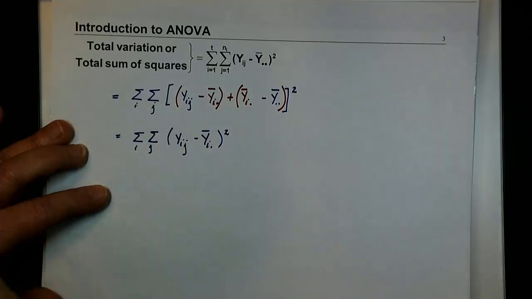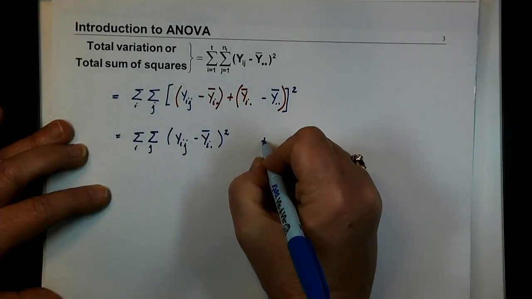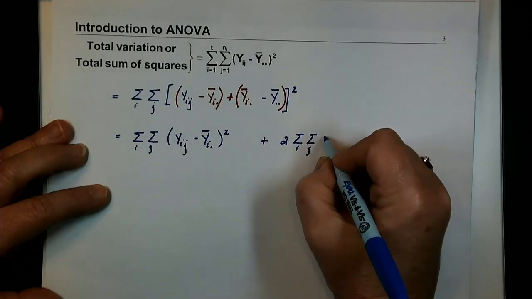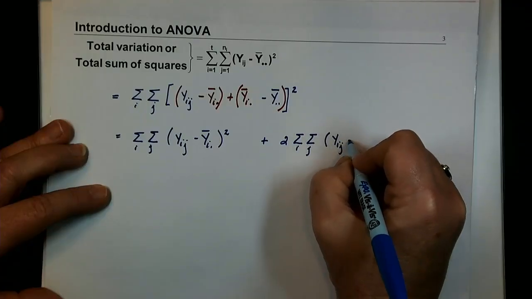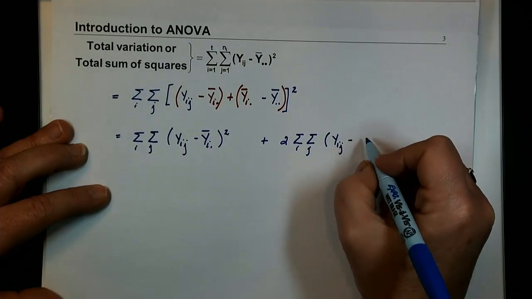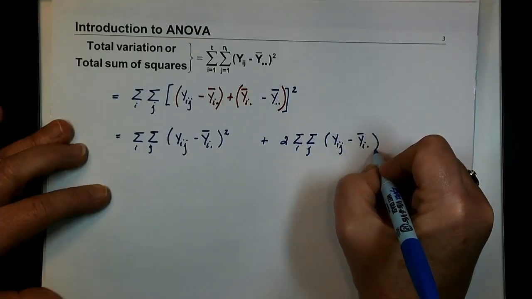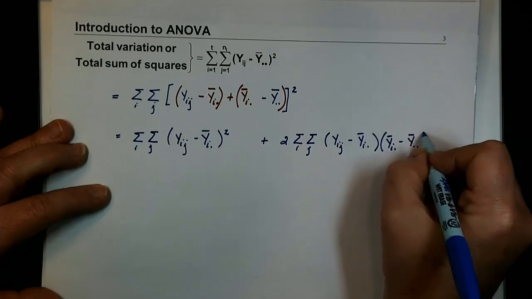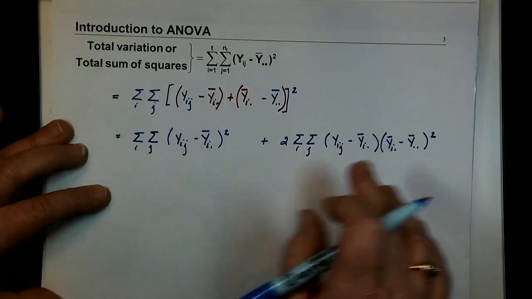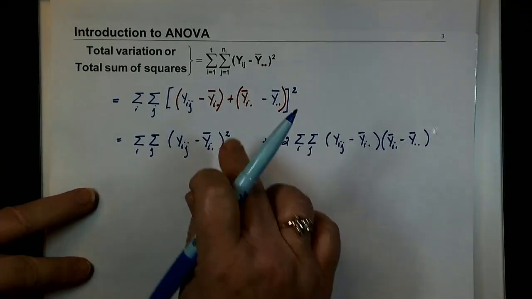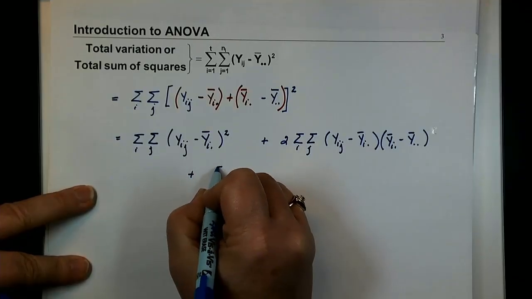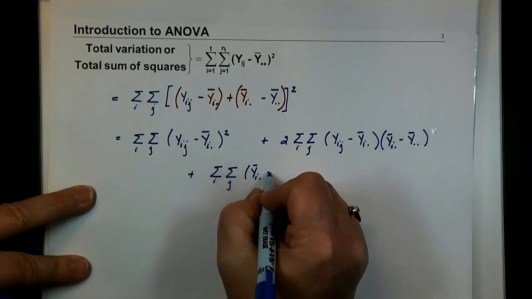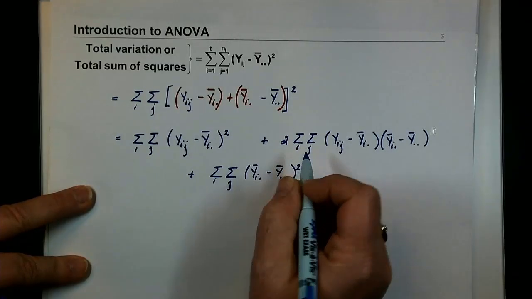Then plus 2 times the sum across i and j of the expression (y_ij minus y_i dot bar) times the quantity (y_i dot bar minus y dot dot bar), no squared. Plus this last term squared, so plus the sum across i and j of (y_i dot bar minus y dot dot bar) quantity squared. There we go.